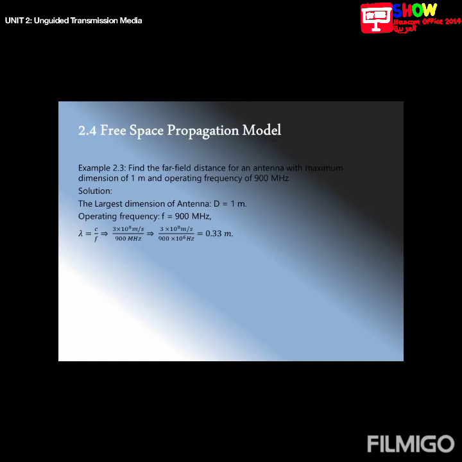Then change the megahertz into hertz: 3 times 10 to the power of 8 meters per second over 900 times 10 to the power of 6 hertz, which equals 0.33 meter. Using the far field distance, dF equals 2 times 1 squared over 0.33, which equals 6 meters.